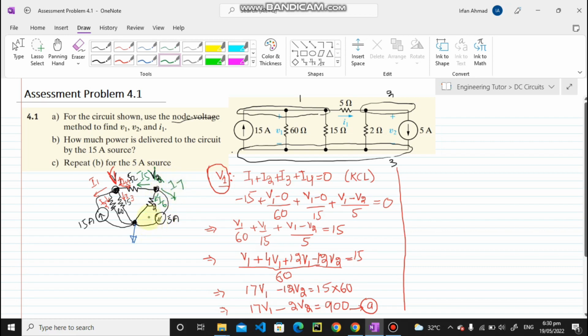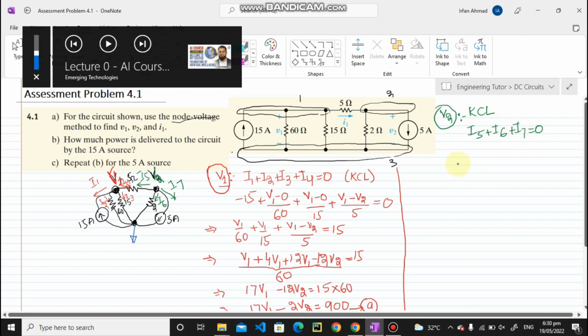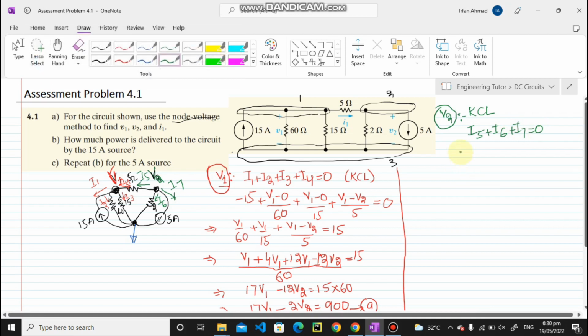Now let me solve it here. At V2, by applying KCL, we see that I5 plus I6 plus I7 is equal to 0. Let me write their values.